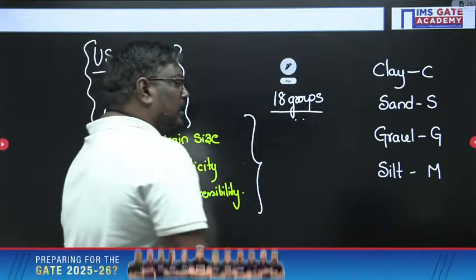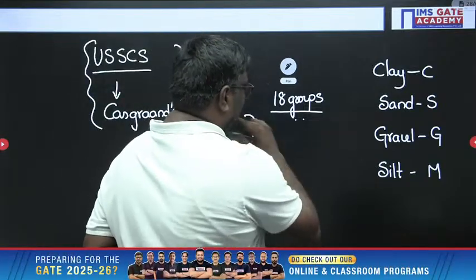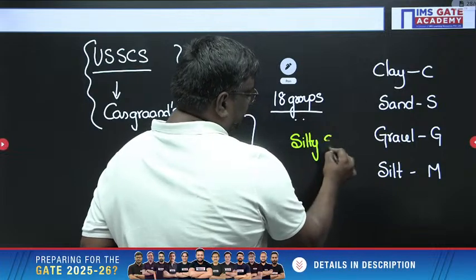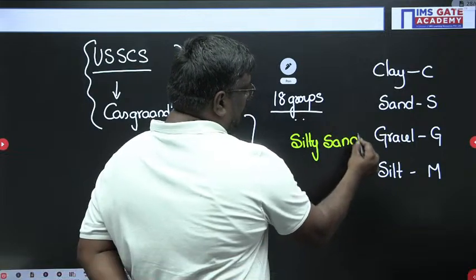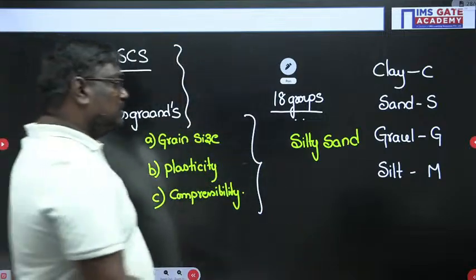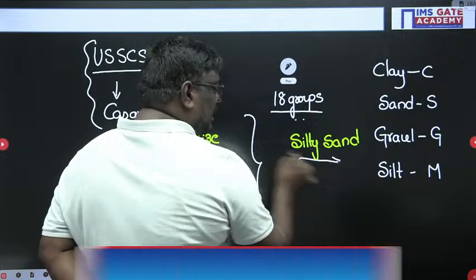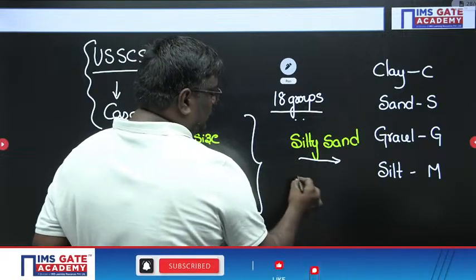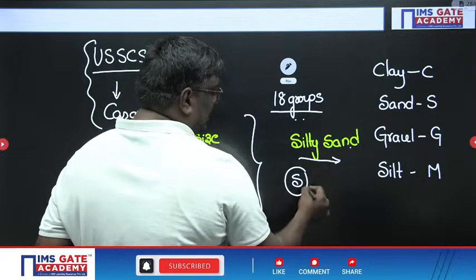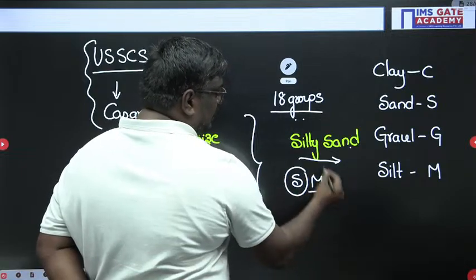Now see, again they can call it silty sand. How do you represent silty sand? As you move towards the right, the composition increases. So first it is sand, then silt. So it will be SM.